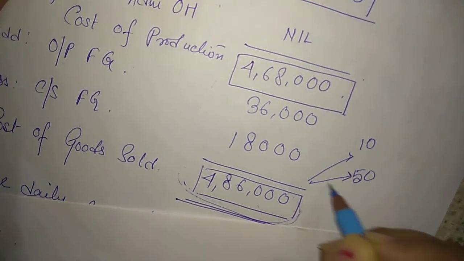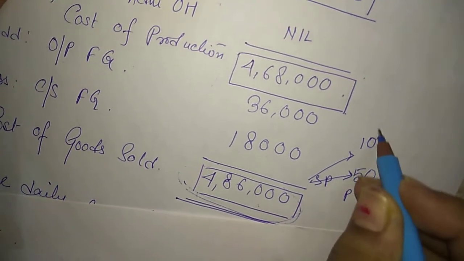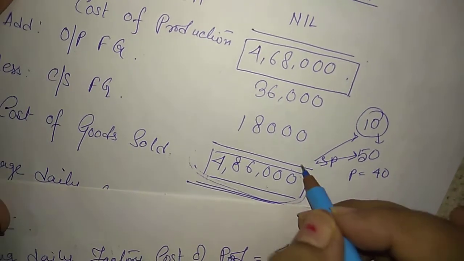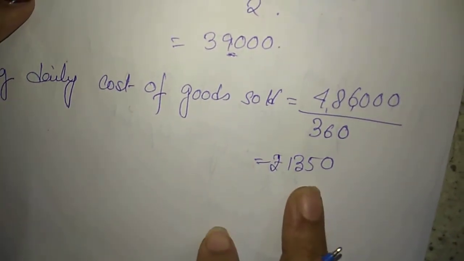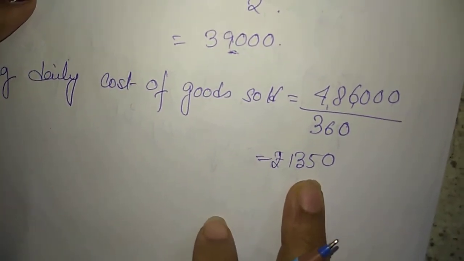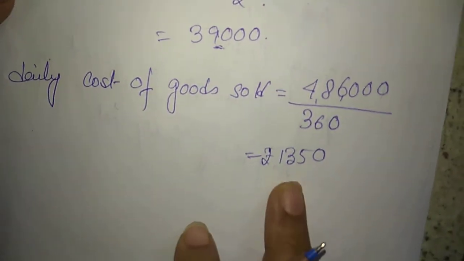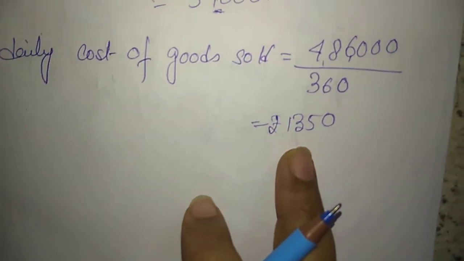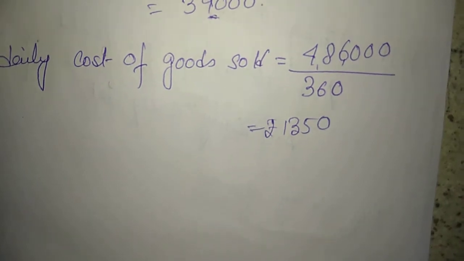Your SP is 50. So profit is 40. So this is the cost of the material that you are selling in the market. This is what cost of goods sold is. So every day I am producing goods valuing 1350, which I will sell in the market, adding some profit.